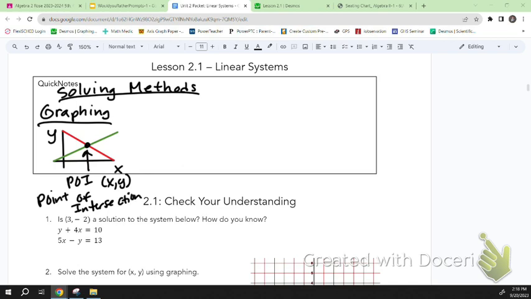So that was the first method, graphing. That method is easier when both equations are in y equals mx plus b form, and it's easy numbers to graph. You wouldn't do that with decimals or large numbers.